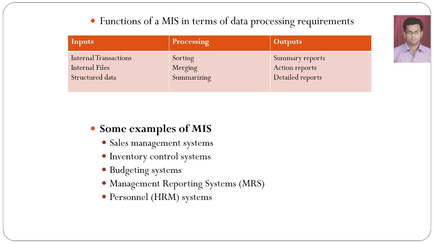The processing in the form of sorting, merging, and summarizing is basically carried out by these MIS. Typical outputs of MIS are summary reports, action reports, as well as detailed reports.